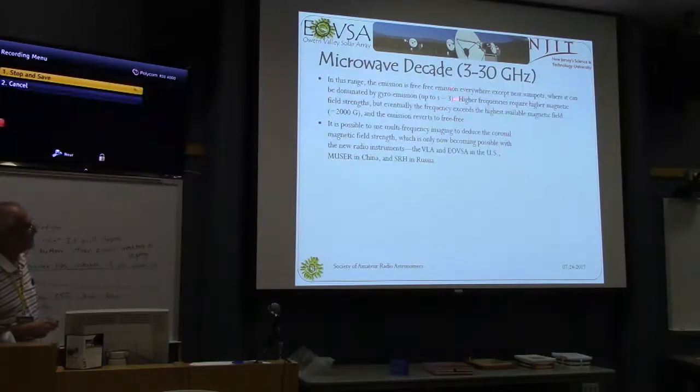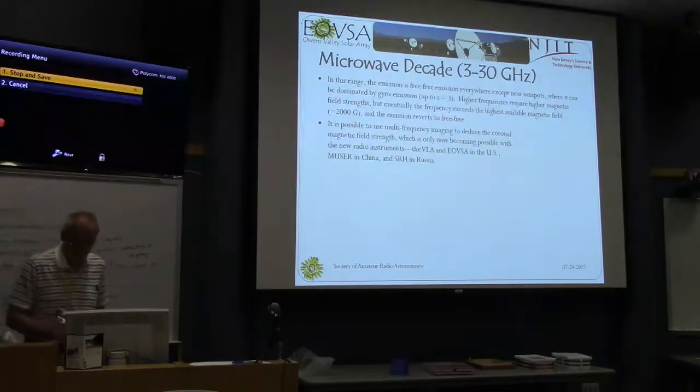And the harmonics, again, are up to about the third harmonic excluding flares, and then they go up to higher harmonics in flares. So higher frequencies are going to require higher magnetic field strengths, but eventually the frequency exceeds the highest available magnetic field strength of about 2,000 Gauss, and the emission reverts to free-free.